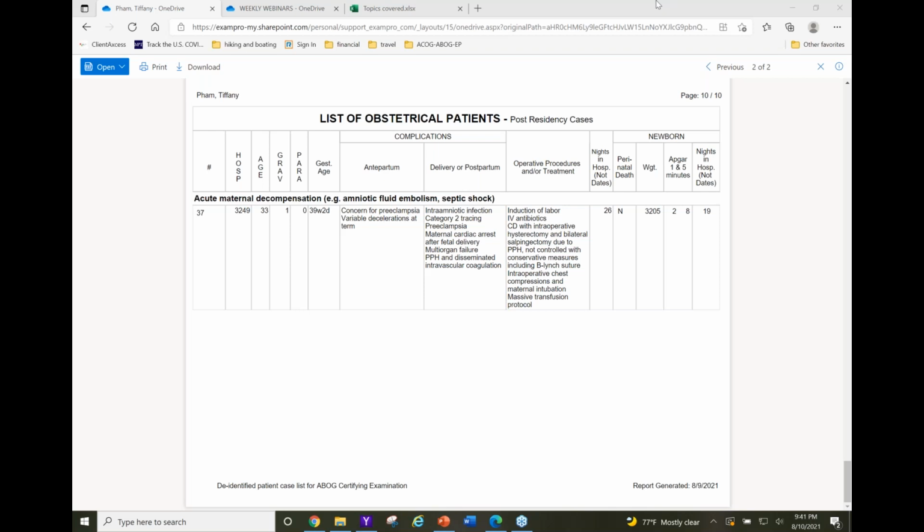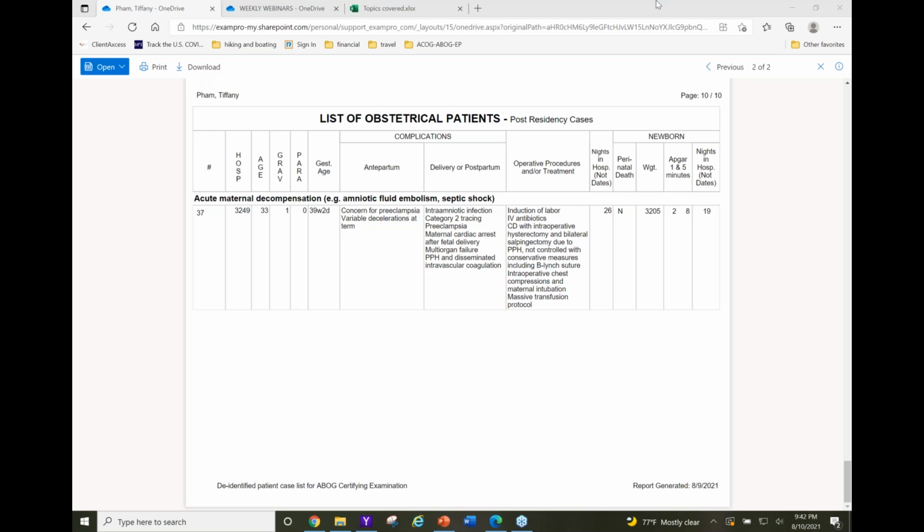On the next line, you have to figure out, when did the chest compressions happen, before the hysterectomy or after? Before. Okay, so the next line would be intraoperative chest compressions and maternal intubation. And when did you activate the massive transfusion protocol, before the hysterectomy or after? I guess simultaneously.